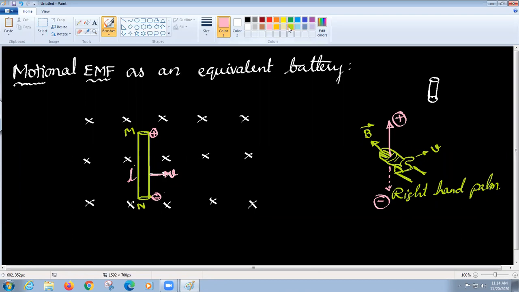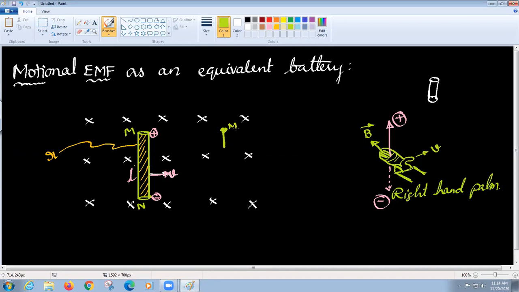Now with this clarity, there is also one important point. Every practical conductor will have non-zero resistivity. That means I can say there is some resistance with every conductor. So bearing this in mind, I can redraw this equivalent circuit like this.